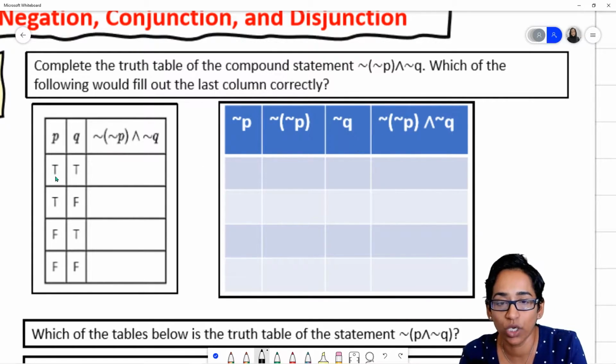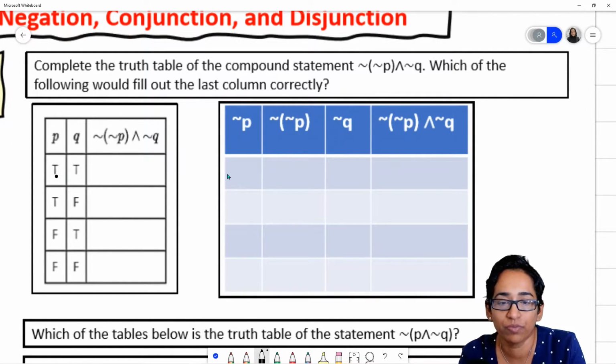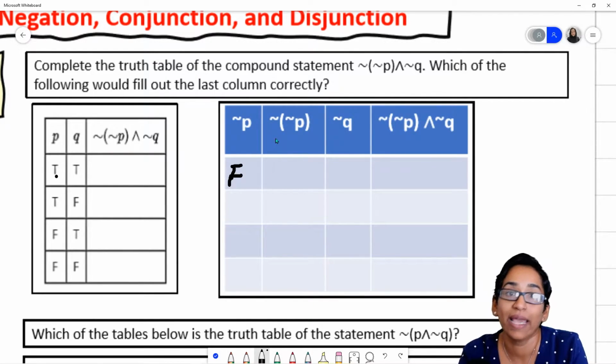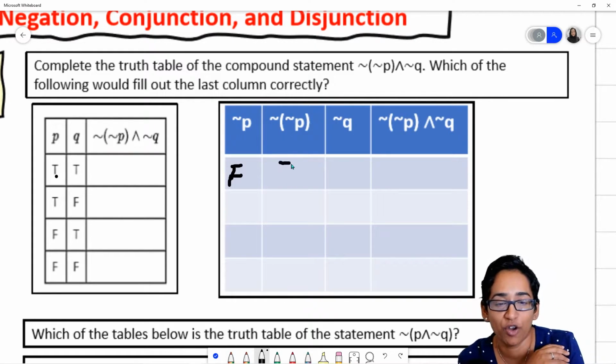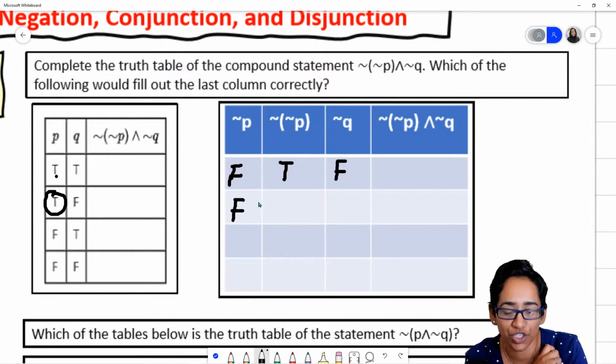Let's start with the first one, true. Let me pick a bigger pen. All right, so P is true, so not P is false, and negation of the negation automatically becomes true. Q is true, so not Q is false, right? You see how this is working? The next one is true, so not P is false, and negation of this is true.